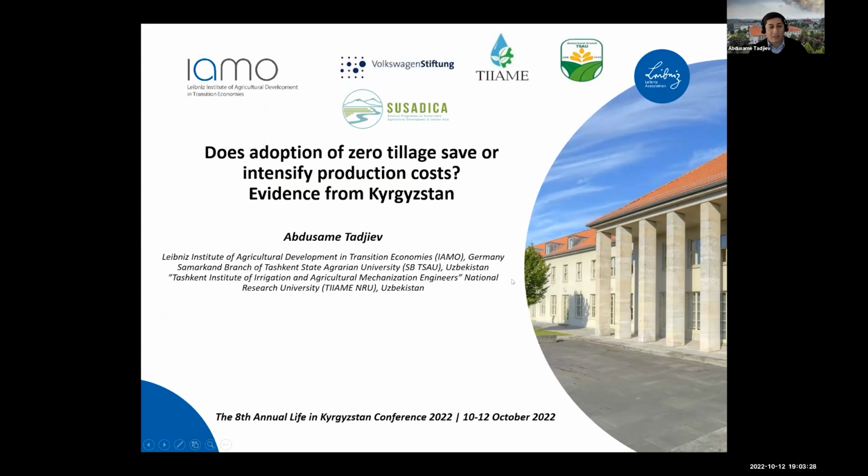Hello, everybody, again, and welcome to our session, and thanks for attending. Today, I will present about zero tillage adoption and its impact on production costs in case of Kyrgyzstan. By the way, I'm Tadjiev, currently a PhD student at IAMO.